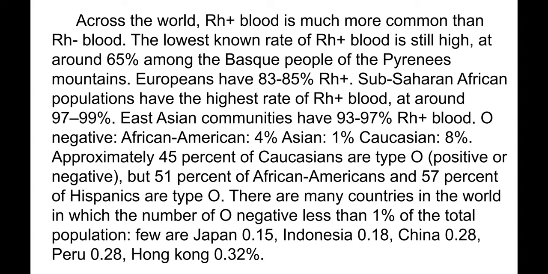But some areas in Europe are populated by people with a high number of rhesus negative blood, like in Spain, some areas in the mountains. Europeans on average have about 15% rhesus negative people and 85% rhesus positive.